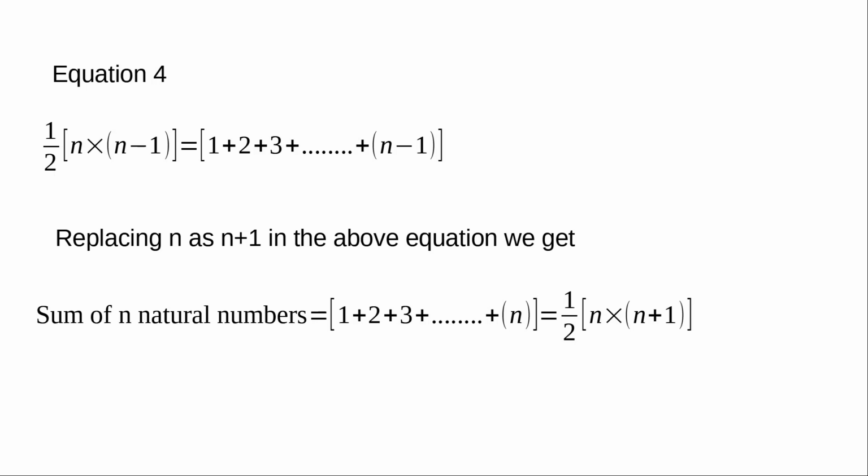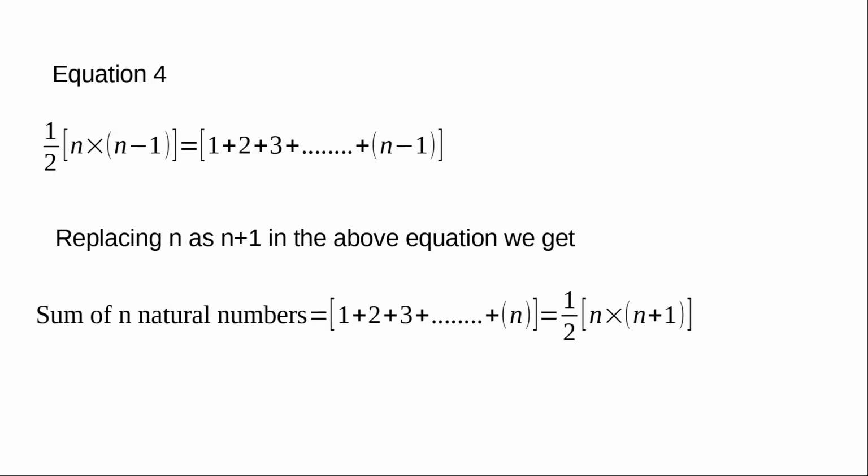So we replace it in equation number 4 and we get 1 plus 2 plus 3 till n, because n minus 1 in equation number 4 gets replaced with n plus 1 minus 1, which is n. This is going to be equal to half of n into (n plus 1), because in equation number 4 we replaced n with n plus 1. So the first term now becomes n plus 1 and the second term becomes n. So I rewrite it as half of n into (n plus 1).